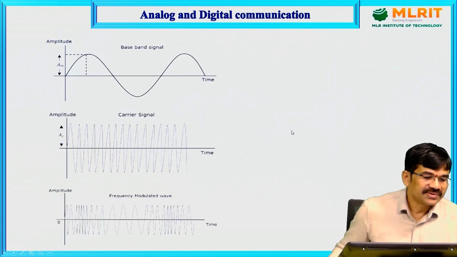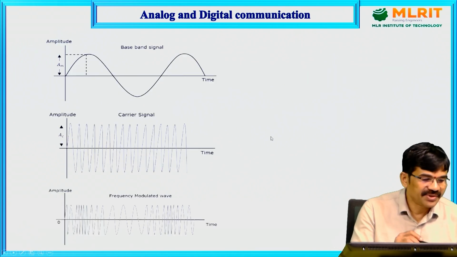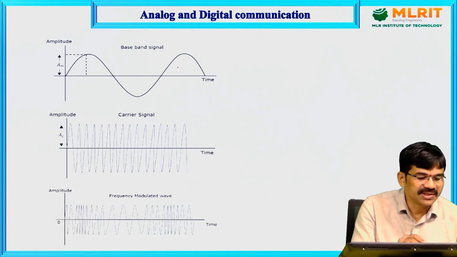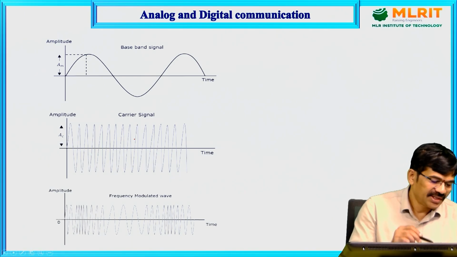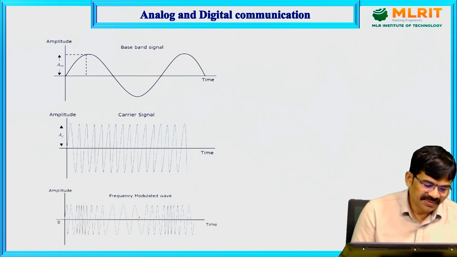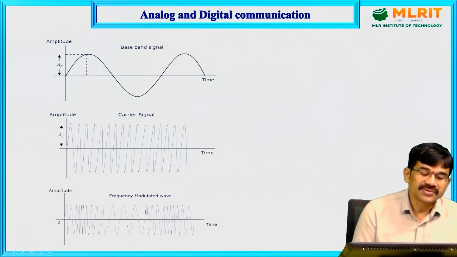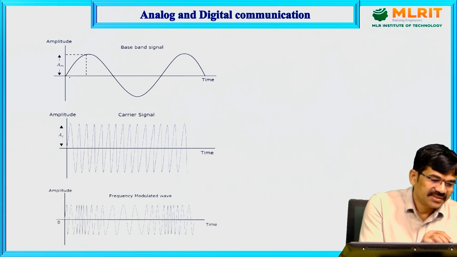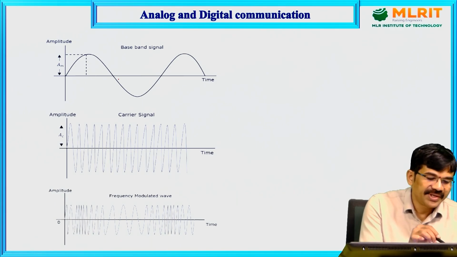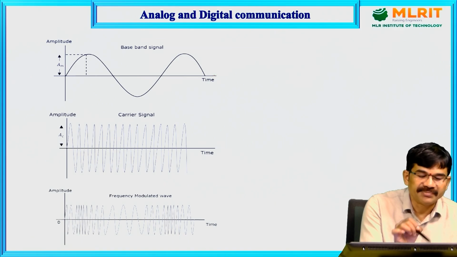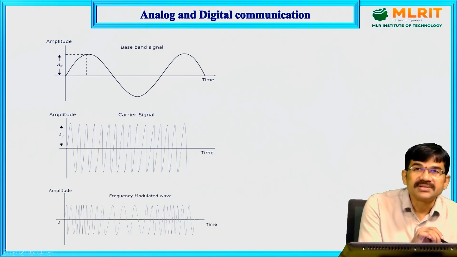If you take the graphical representation, this is m of t, the modulating signal, this is the high frequency carrier signal, and this is the modulated signal. If you see here, the amplitude of the modulating signal is continuously varying with time. The message signal is not constant, it is a time varying signal.